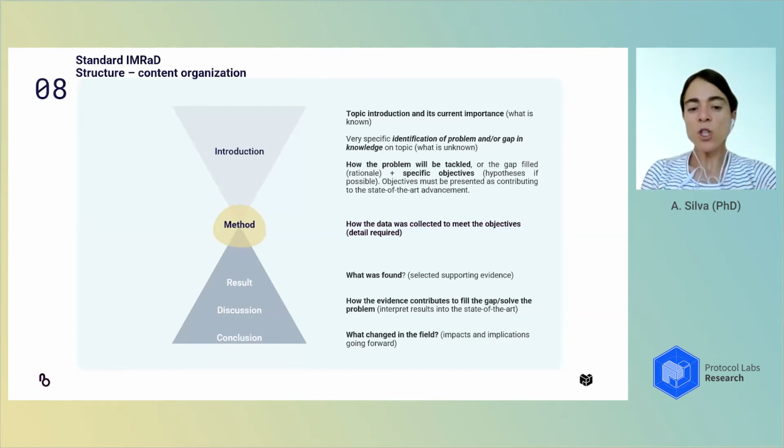And then the conclusion is all about what changed in the field, implications, and going forward, what you, as the leading author, believe should be the next steps, and how this new knowledge of the system functioning can be used by your peers.